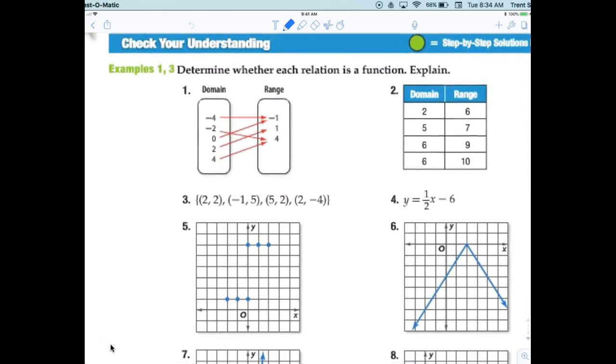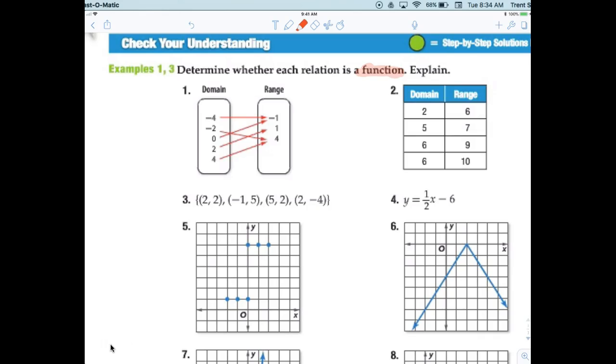Now, sometimes relations are classified as a special relation. A relation is a function. And a function is so important when you go to high school. You're going to take a class called Analysis of Functions.